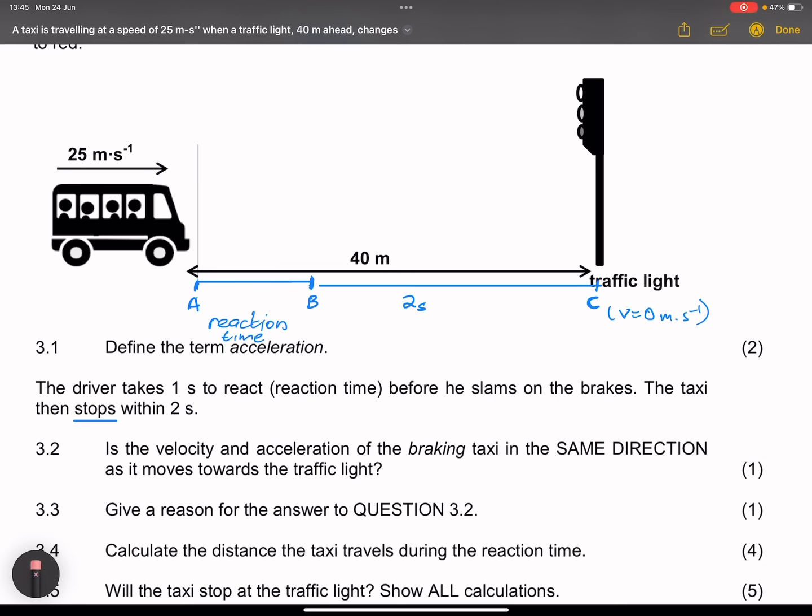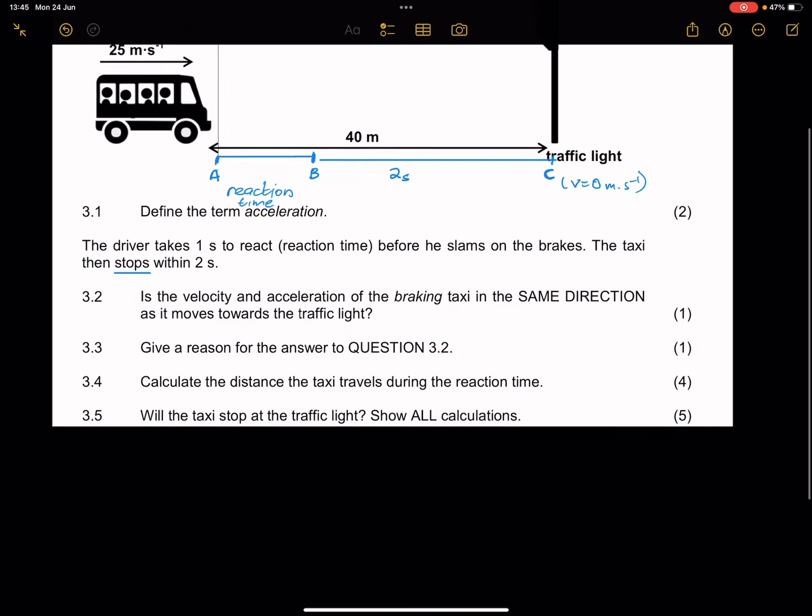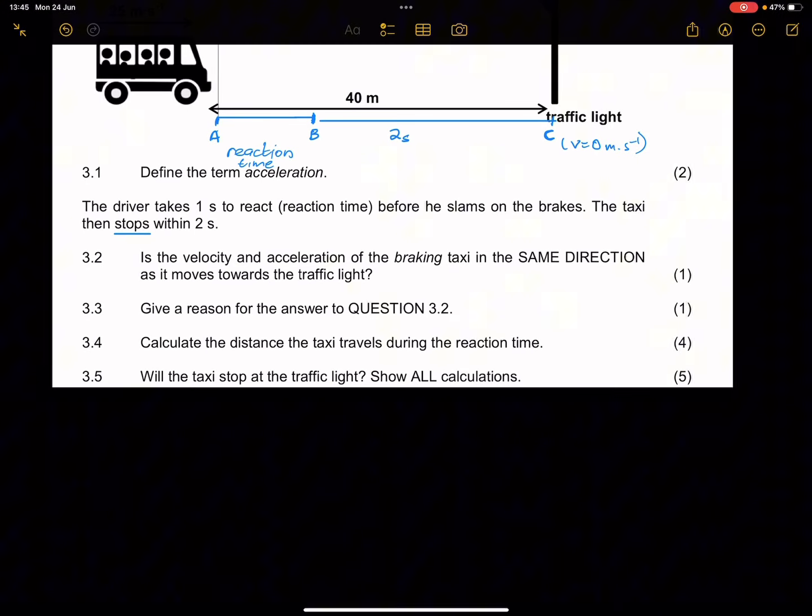Now let's answer the rest of the questions. So to answer that question, is the velocity and acceleration of the car in the same direction? The answer is no. And they say give a reason. They said give a reason for that answer. Let's write that nicely.